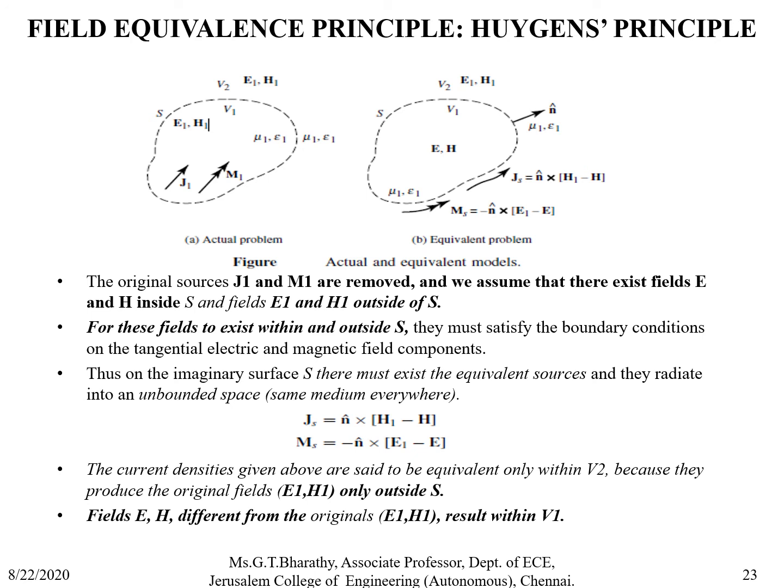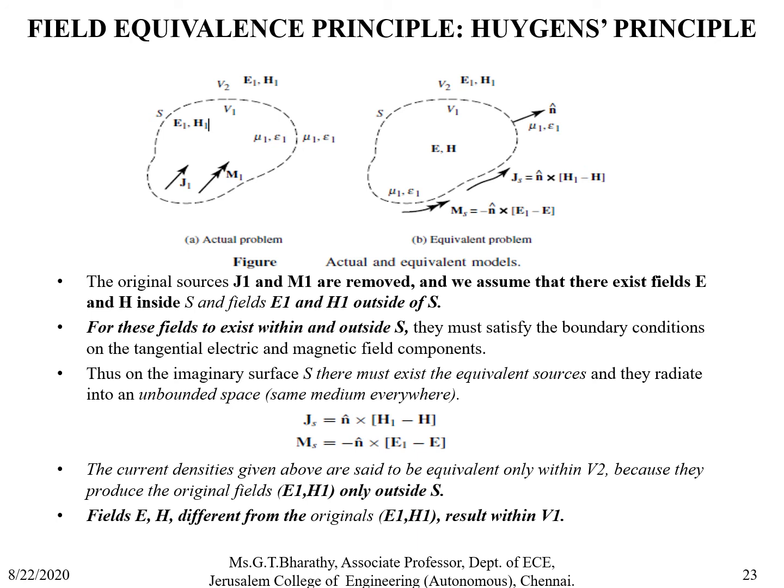The current densities given above are said to be equivalent only within V2 because they produce the original fields E1 and H1 only outside the surface S. The fields E and H are different from the original fields E1 and H1 within the volume V1.